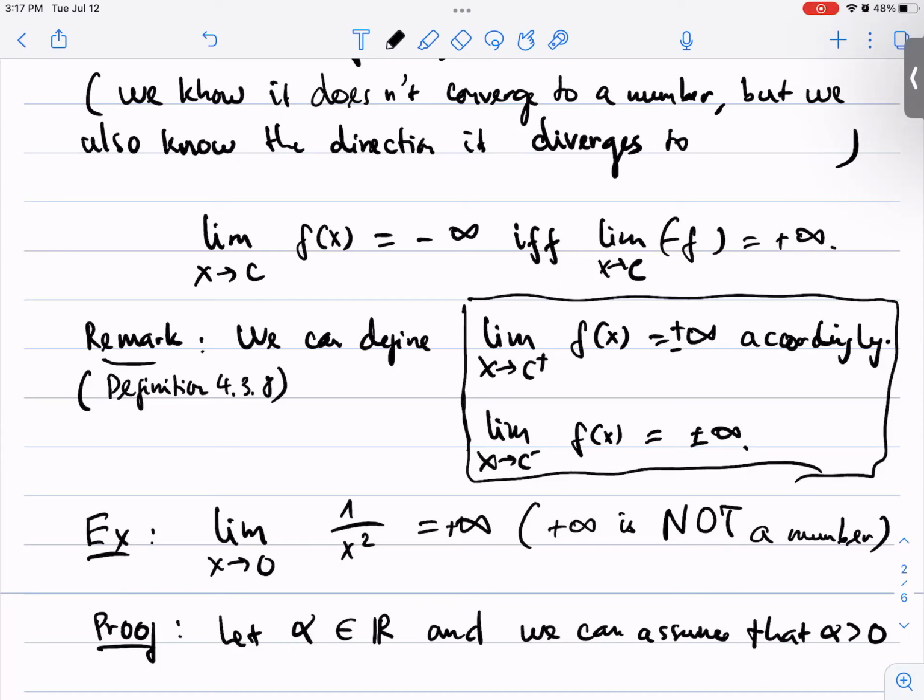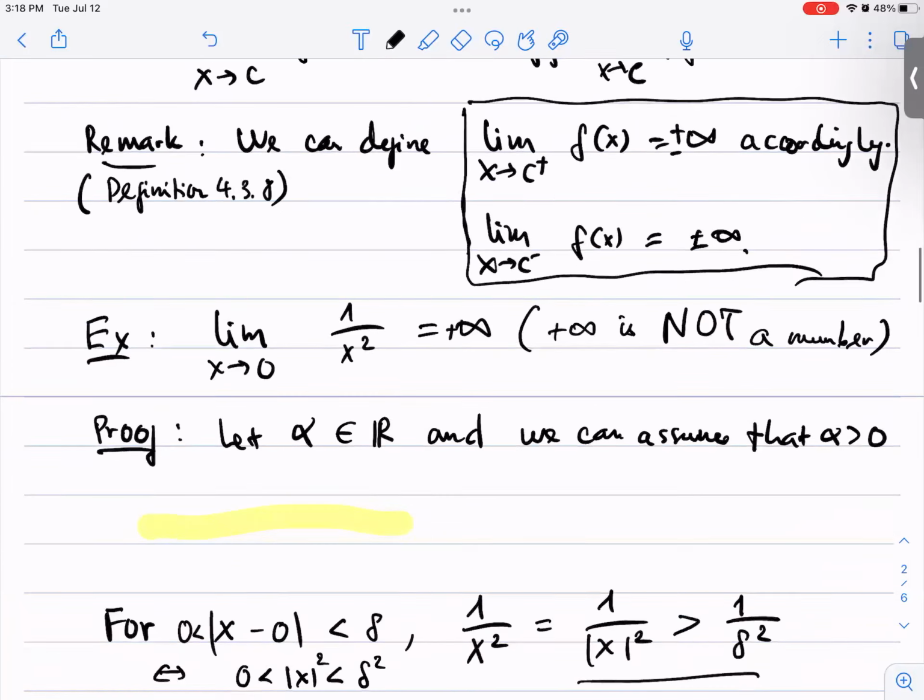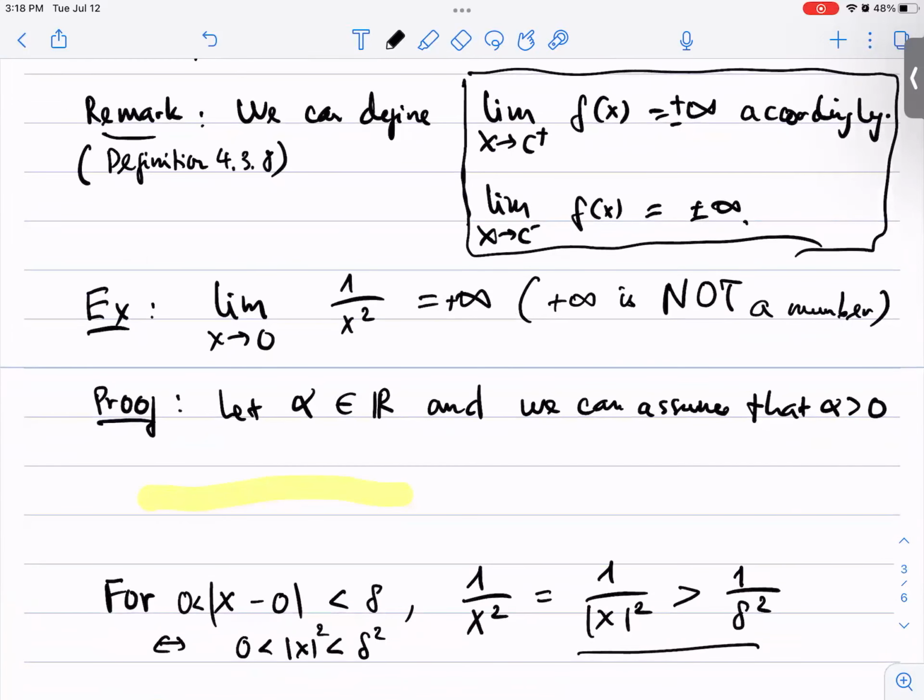We can define the one-sided limit for a function to be plus minus infinity in a similar manner. And this is definition 4.3.h in the textbook. Now let me give you some example to really illustrate the spirit of this definition.